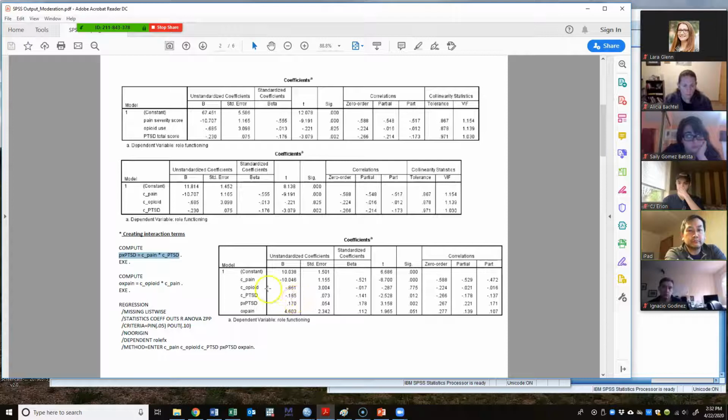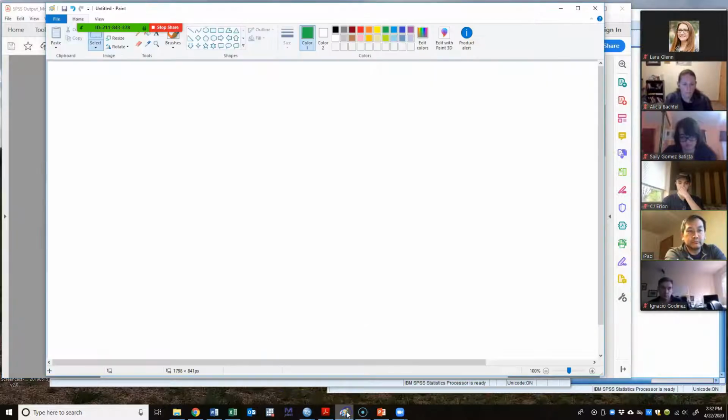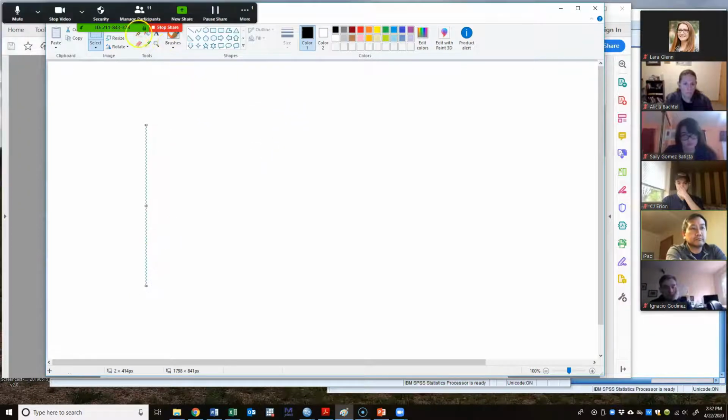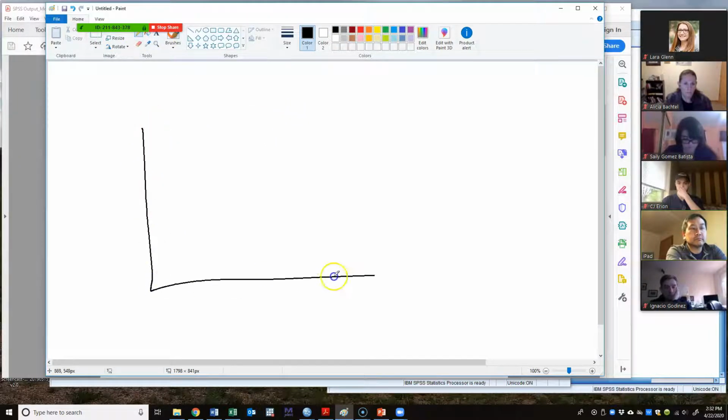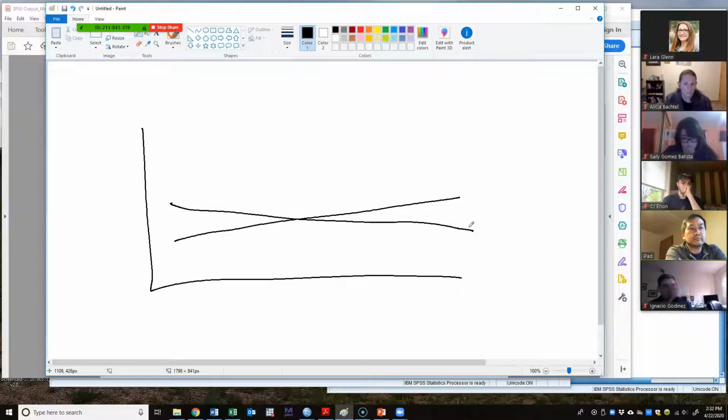Might be a little bit more tricky to talk about what the conditional effect of opiate use on functioning looks like at high and low levels of pain, because what this could also look like is something like this, where at one level it's this, and another level it's like this, but I might find that neither one of those simple slopes, we don't have strong evidence that either of those simple slopes are different than 0. And so what it ends up is kind of a weird, kind of ambiguous effect.